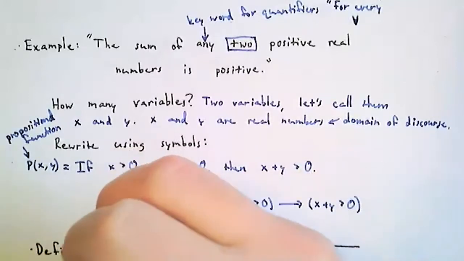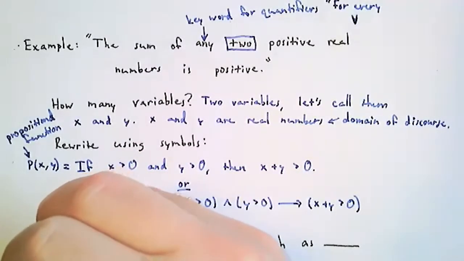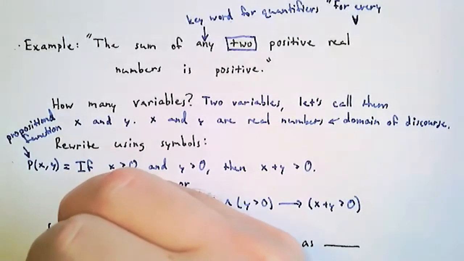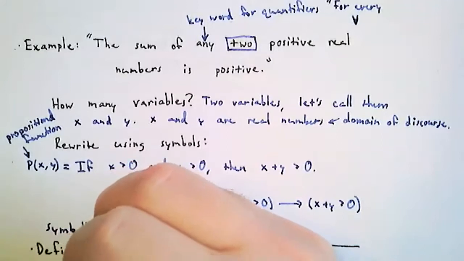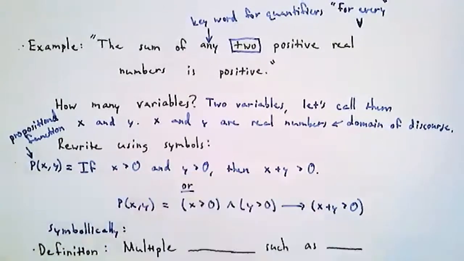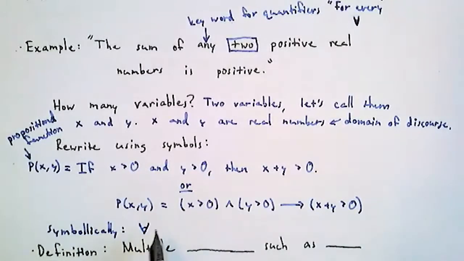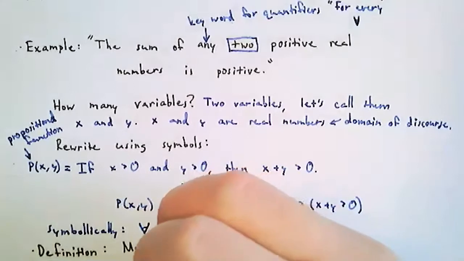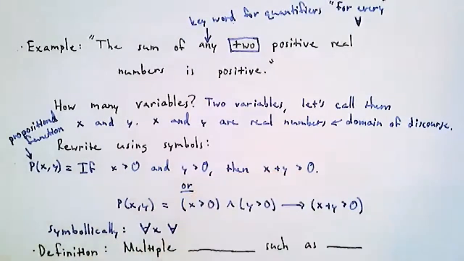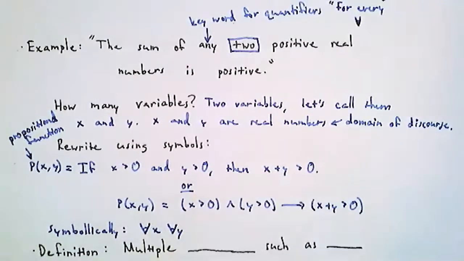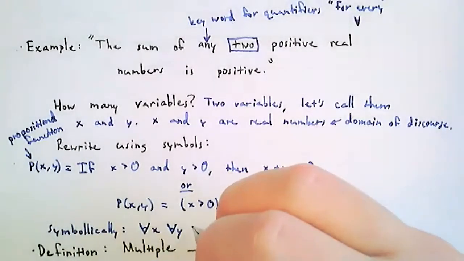So when I'm rewriting the whole sentence in symbols, I'm going to need two of the universal quantifiers, the for every quantifiers. One for x, the first variable, and another one for y, the second variable. And then I can write my propositional function since we have shorthand for that.